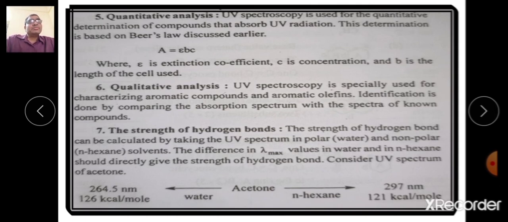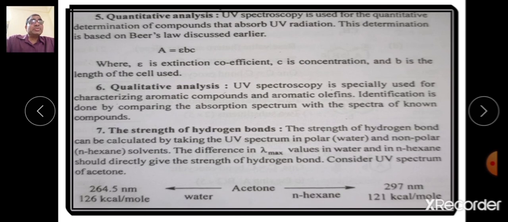For example, acetone: when a polar solvent like water is used, there is a decrease in the wavelength, that is 264 nanometer. While when it is done in a non-polar solvent like normal hexane, the wavelength is 297.